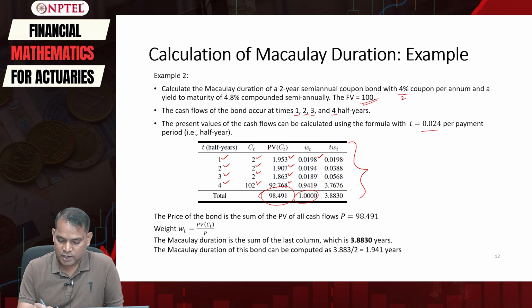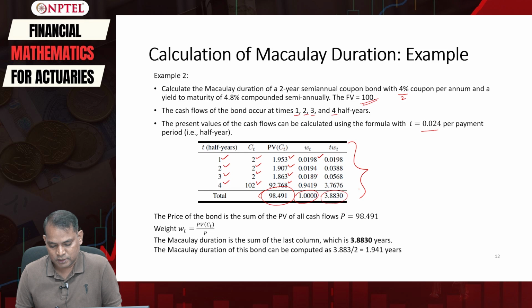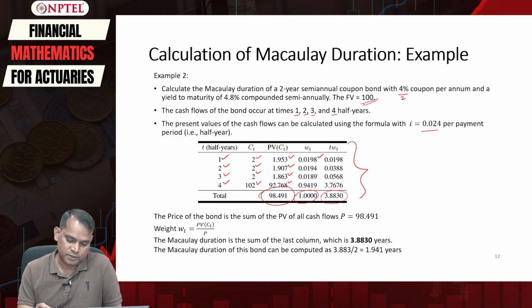We will add these here and we get 3.88. Once again you can see that the Macaulay duration is less than the total period, that is 4 half years, so 3.88.